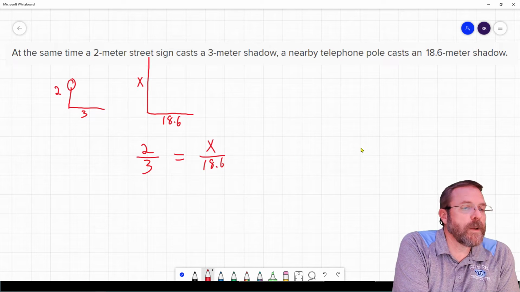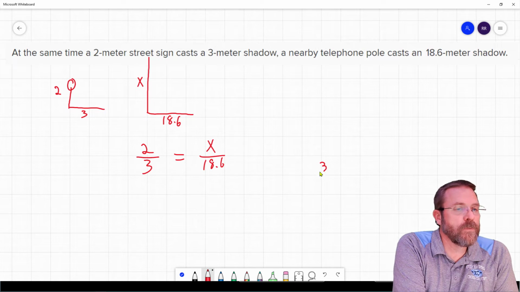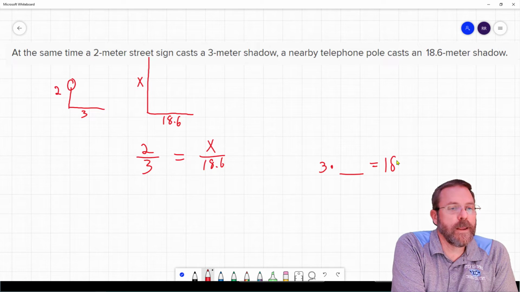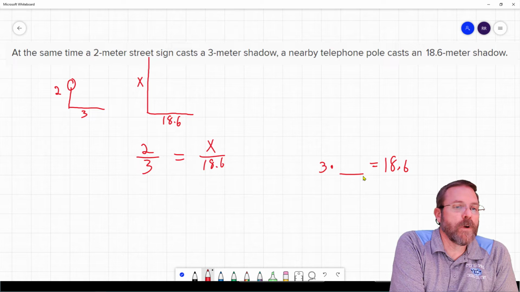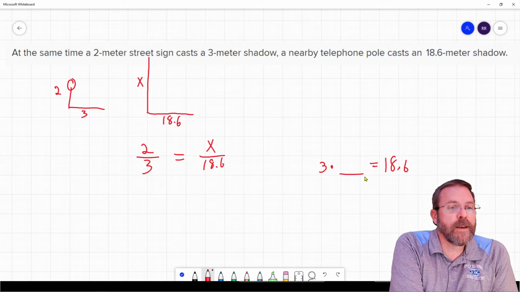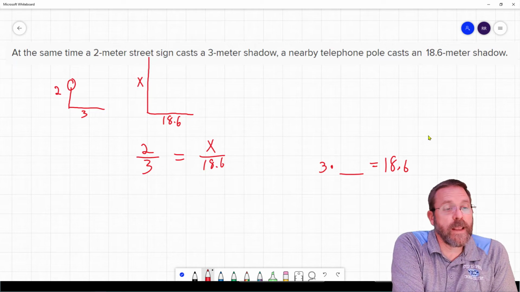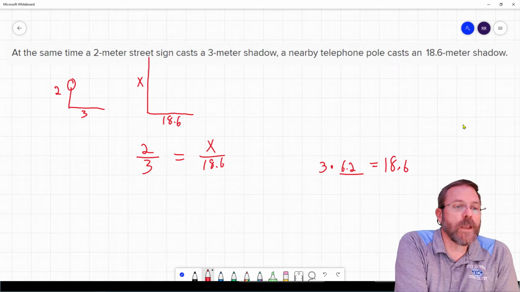Now, from there, I'm going to have to do some math. I'm going to say that 3 times what number is equal to 18.6. We're going to have to do a little division to find that out because the answer is going to end up being 6.2. But I'm going to show you how I got that.